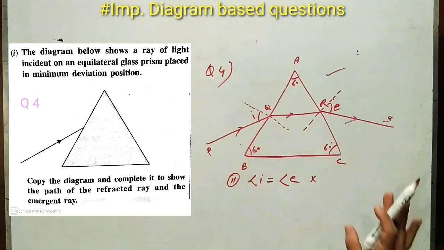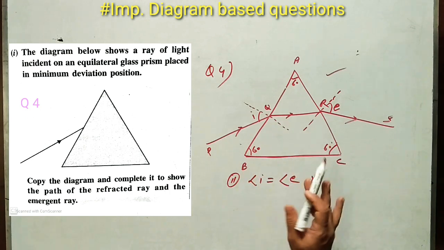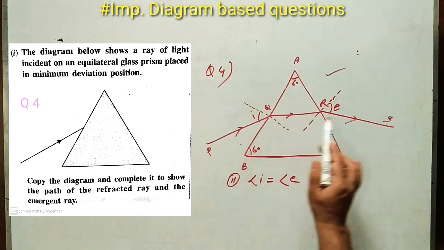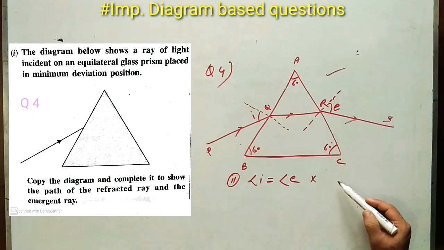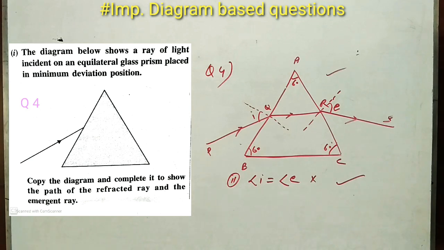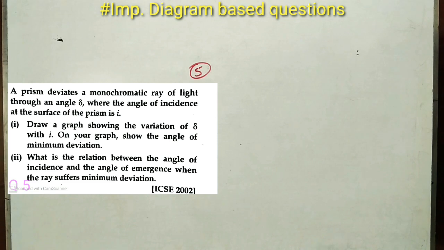At all other positions of the prism, the refracted ray will be bending towards the base of the prism, and the angle of incidence will not be equal to the angle of emergence. So this is a special case of the prism called minimum deviation position. All of you must remember this. Clear? Got it?